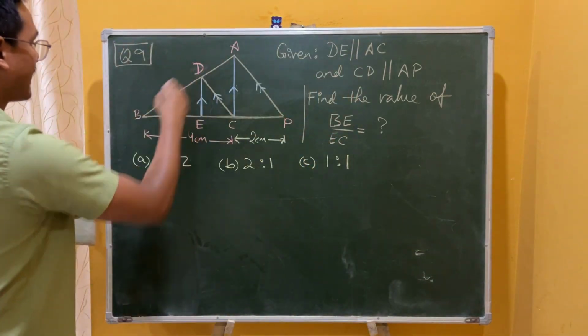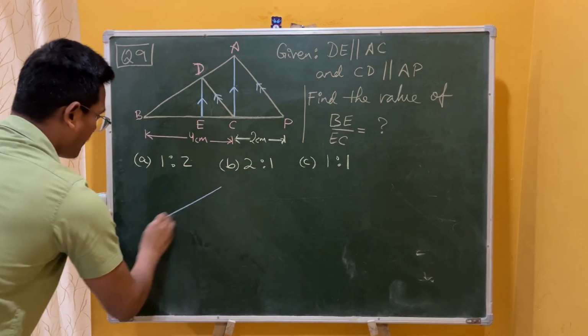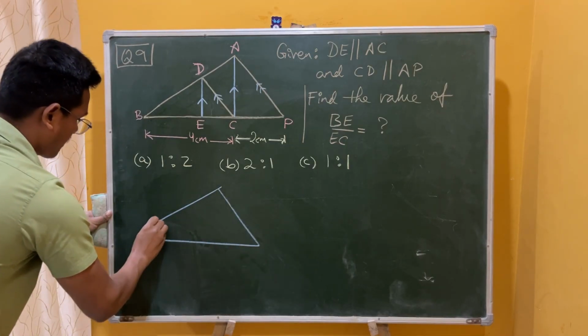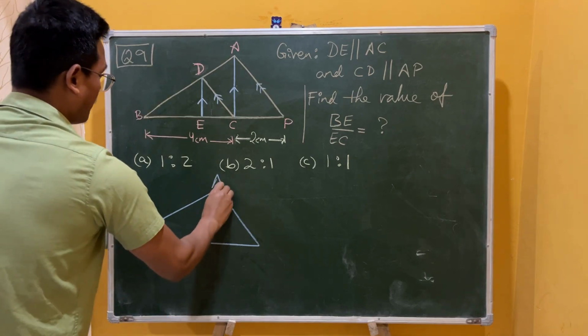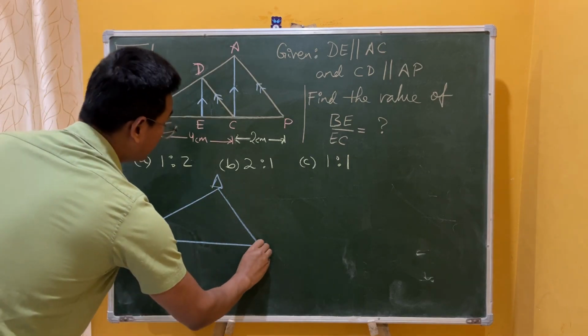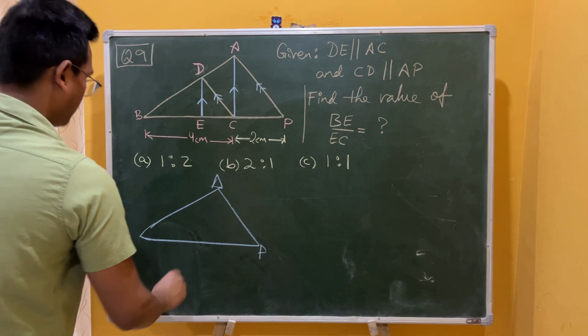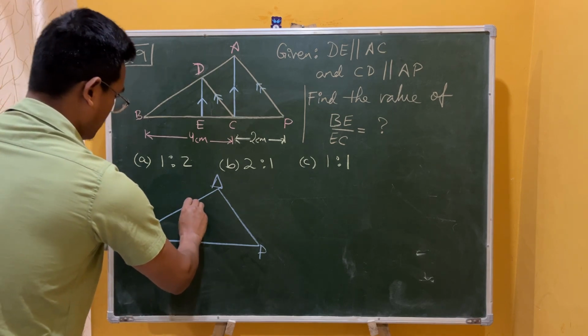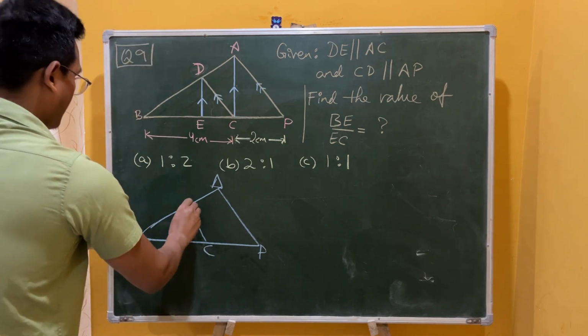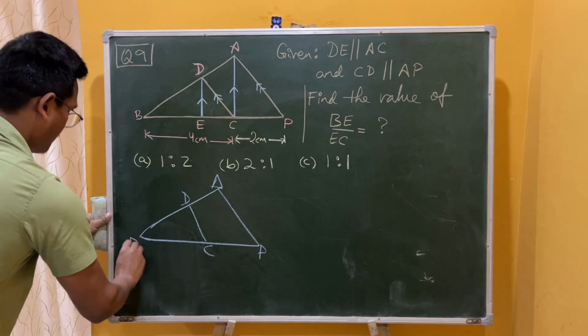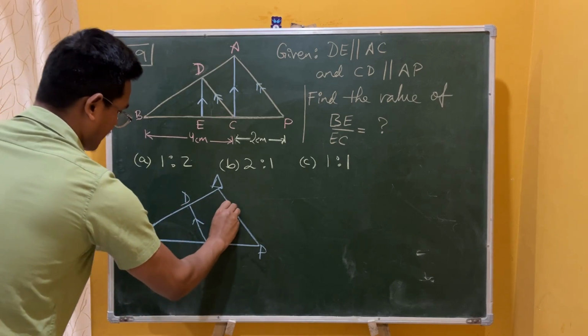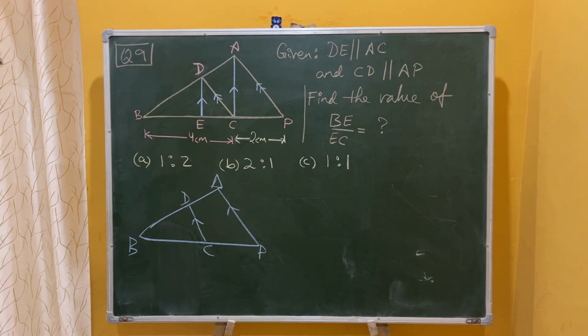Now let's break this triangle in this way. A, B, C, D and P, right?